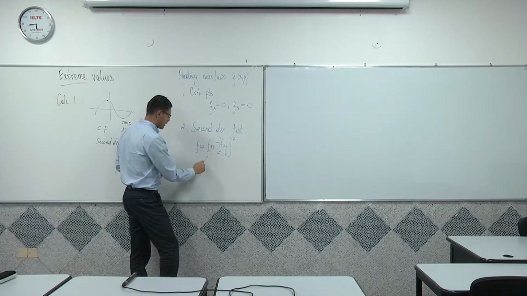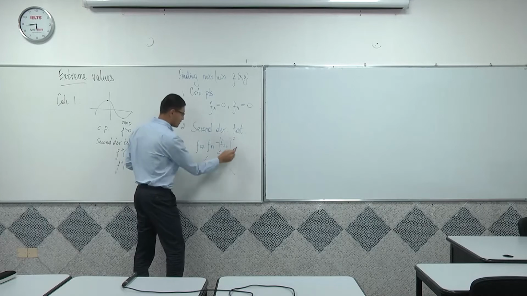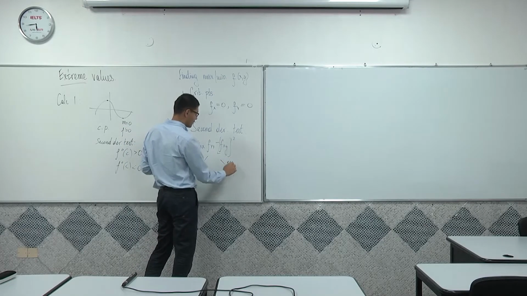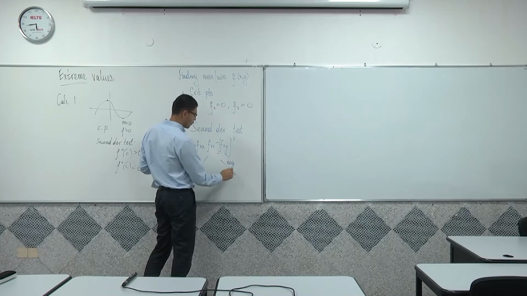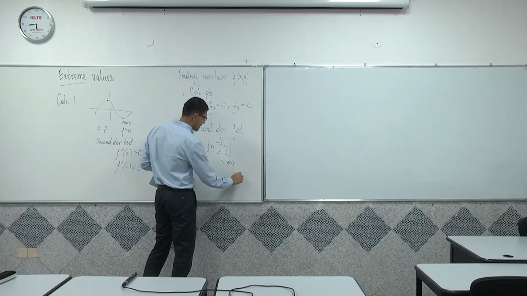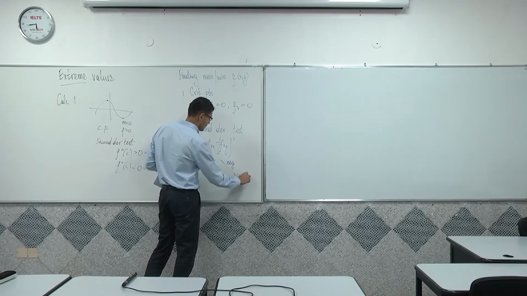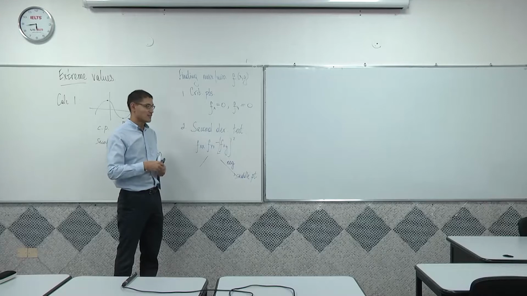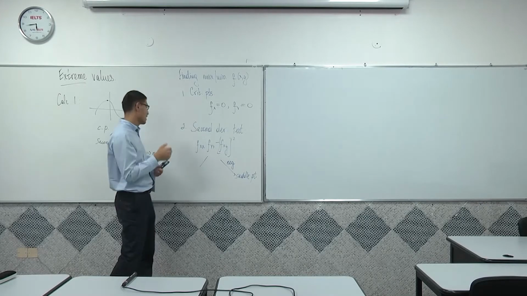Now, what can happen is that this quantity, when you calculate it, can be negative, in which case we call our critical point a saddle point. A saddle point is a point that's neither a maximum nor a minimum.